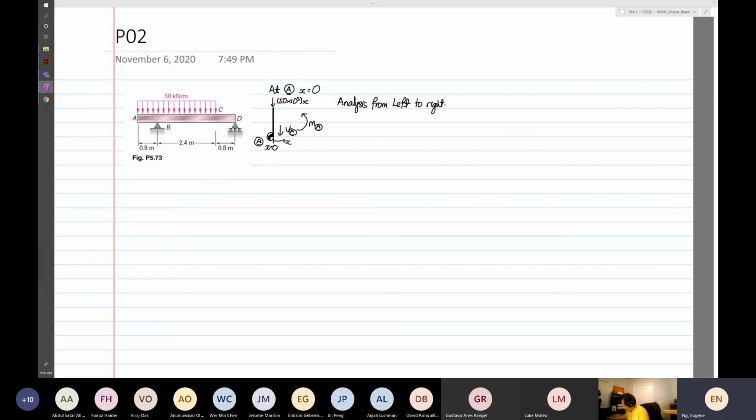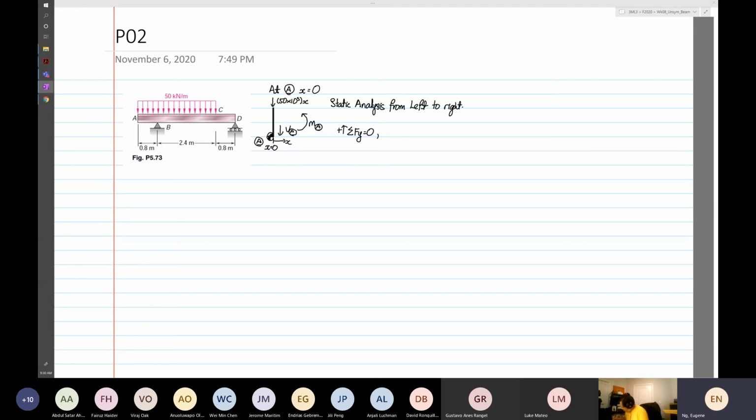I forgot to write something. We are going to do our static analysis from left to right. Positive is going up. We follow our notation.